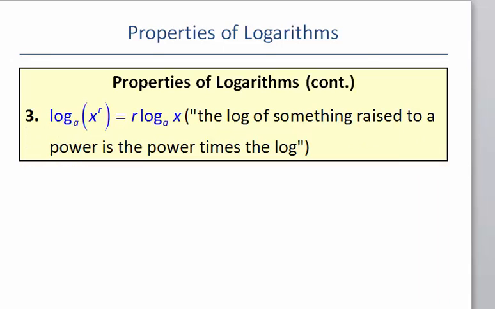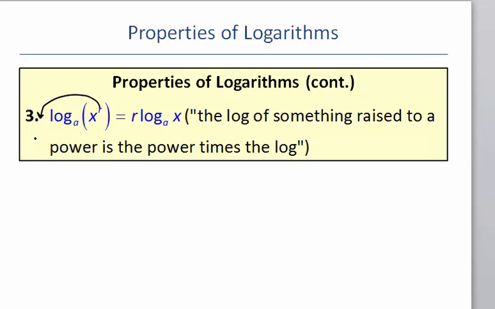And finally, our third property says log base a of x to the r is equal to r times log base a of x. So what this tells us is that if we have a problem where we have a power, that power can be pulled down in front of the log.